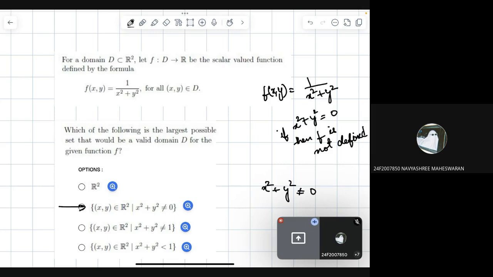It can't be defined for x square plus y square equal to 0, which is why we need x square plus y square not equal to 0 for f to be defined. When we are saying that some set is the domain of a function, then the function has to be defined on that particular set. Okay, is that clear? Yes, ma'am. Okay, so hence the second option is the correct domain for the function f.